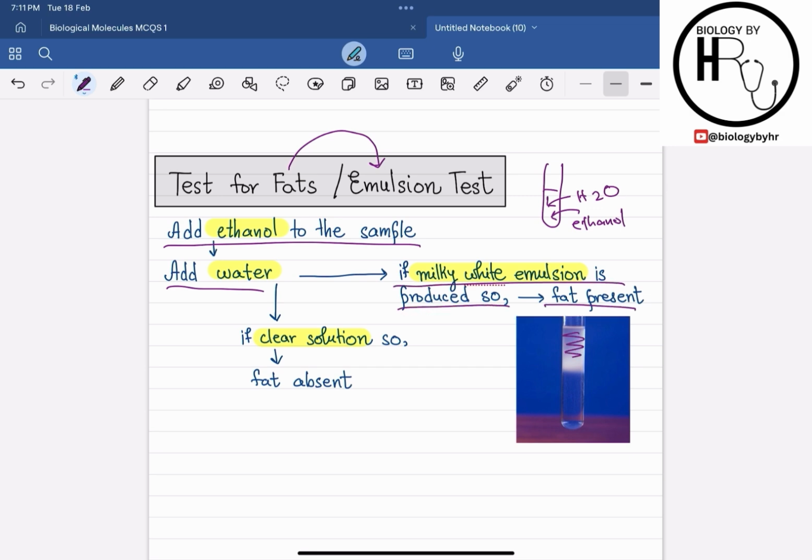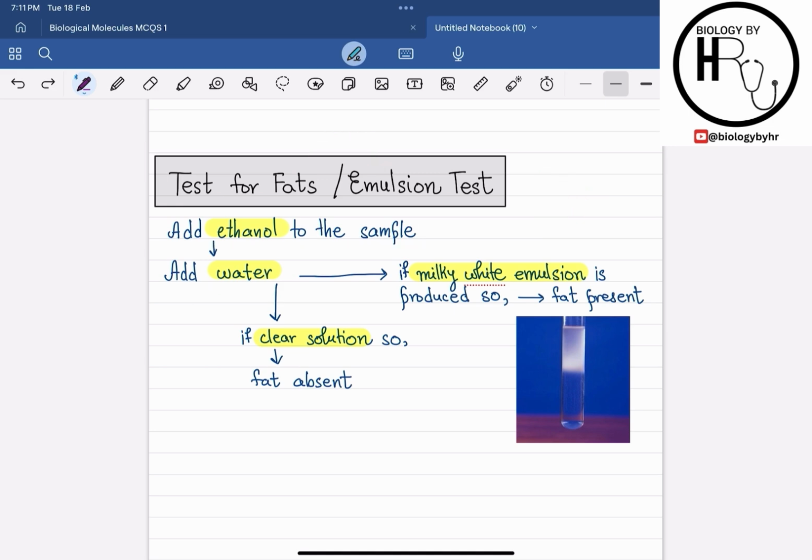Look, this is a milky white emulsion which is produced. It means that the fat is present in the solution. And if the clear solution is there, like for example, if the whole solution is clear just like this, no white emulsions are present, it means that the fat is absent, right? I hope that this is clear to all of you now.